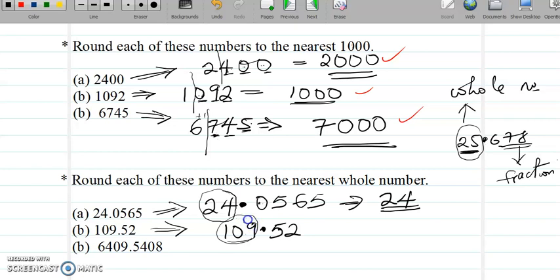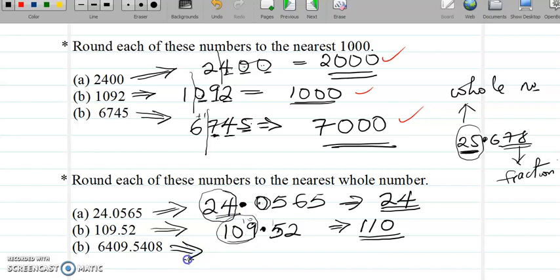So the rounded number will now be 110, because 109 plus 1 will be 110. That one we added is because the number it ended with is equal to 5. So once the number is equal to 5 or greater than 5, we round up. In the earlier one, the number was 0. It is less than 5. That is why we rounded down.